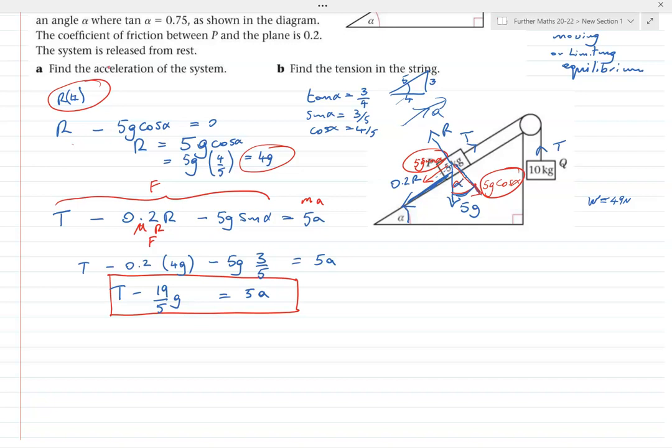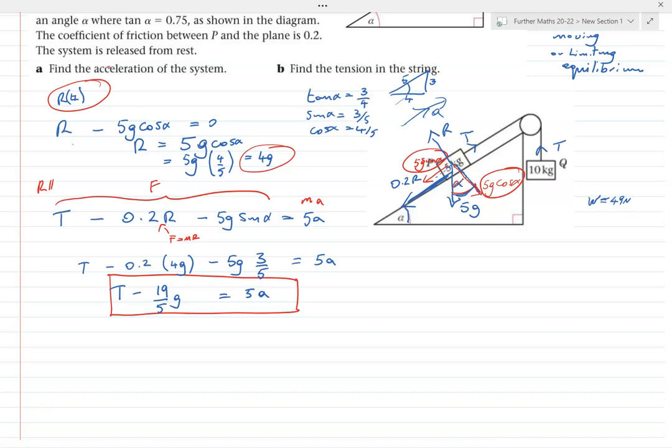We've resolved perpendicularly, we've resolved parallel to the slope, and we've also used F equals mu R. The combination of those three things has got us to what will be quite a useful equation in the grand scheme of things as we go to the next bit.